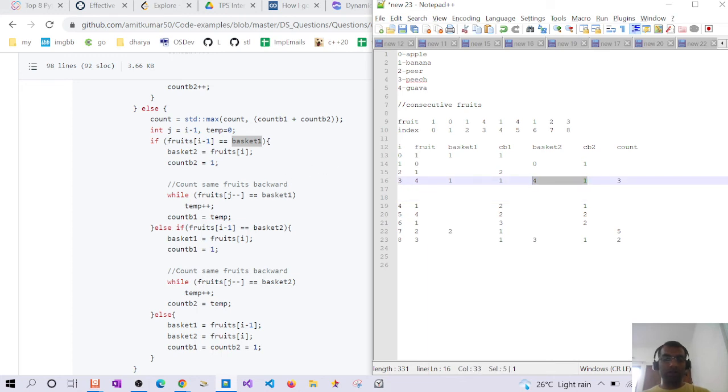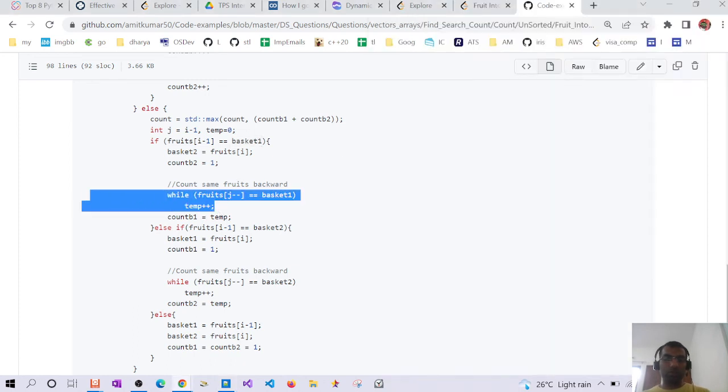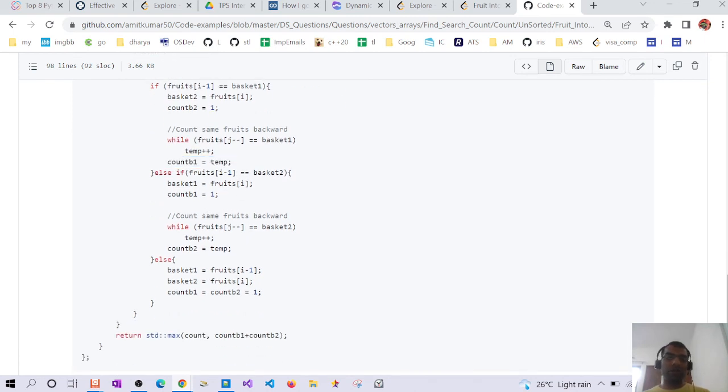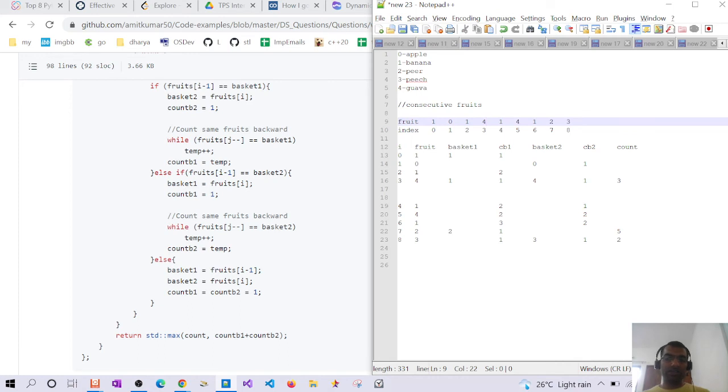But now we have to count the fruit backward, that is, how many 1s are there. So in that case, we are doing this while loop, while fruits[j--] is equal to basket 1, we are incrementing the count, and then finally we are storing the count for basket 1 and similarly for basket 2. If this fruit might have existed in basket 2, in that case I will be storing the new fruit inside basket 1 and doing the same process here.